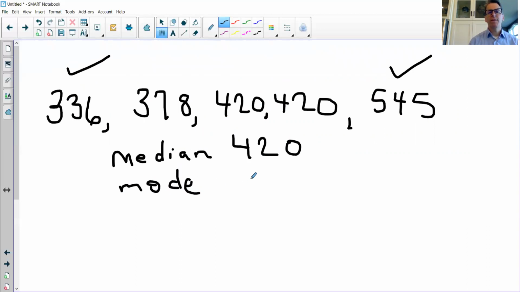So the best inference of these 5 different samples would probably be 420. And that would be an example of using multiple samples for activity 1.